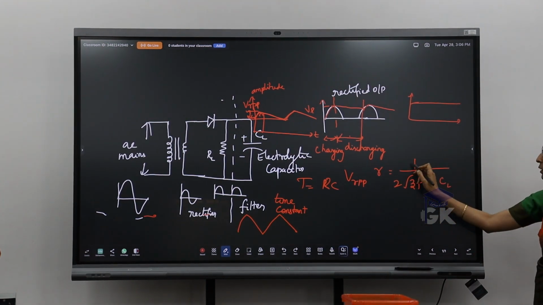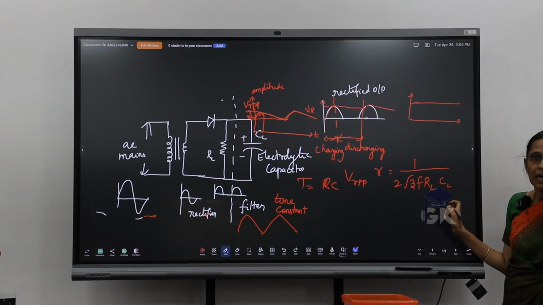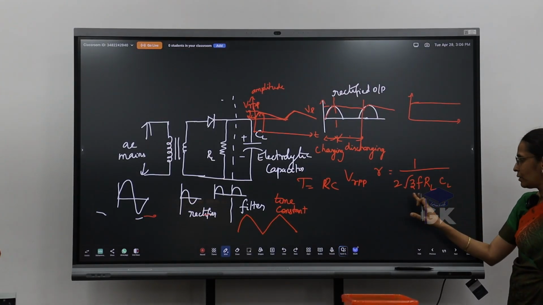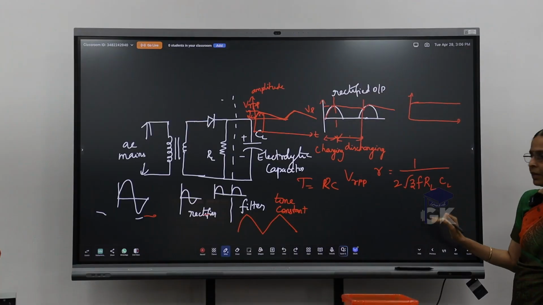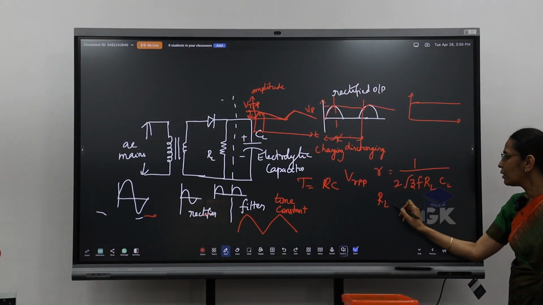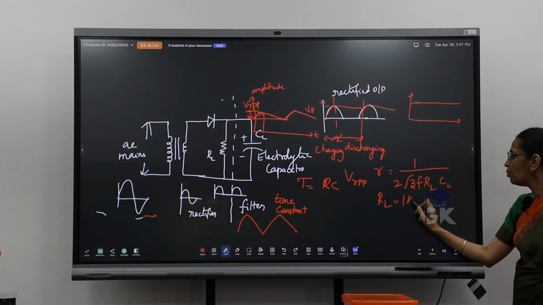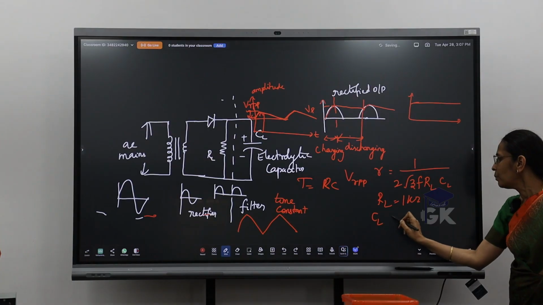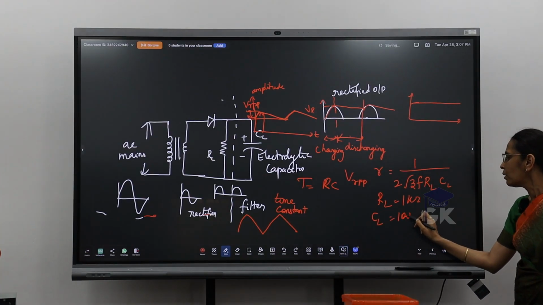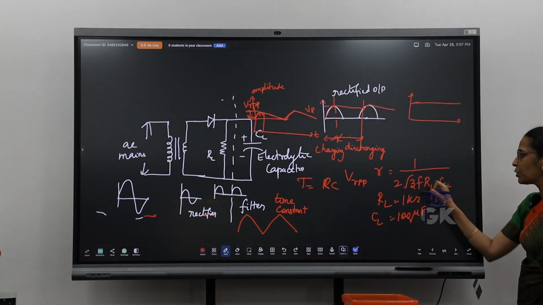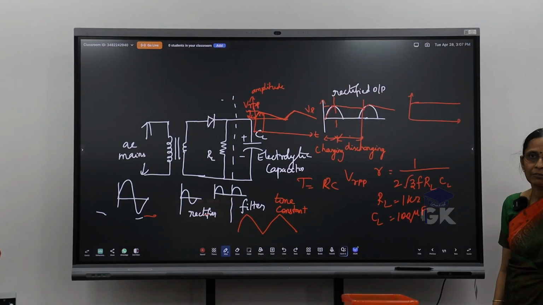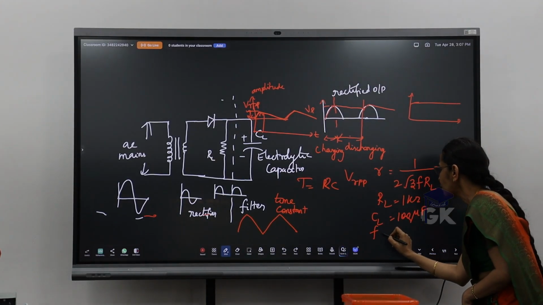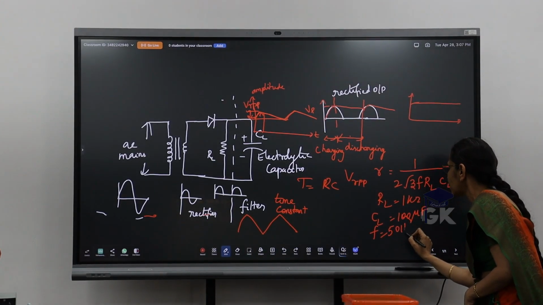The ripple factor is given by 1 by 2 root 3 f RL CL. It's a straightforward calculation. Say if I am using RL equal to 1 kilo ohm and CL equal to some 100 microfarad, substitute that and you will get the ripple factor. And your frequency is 50 Hertz.